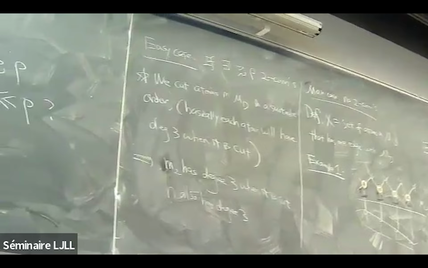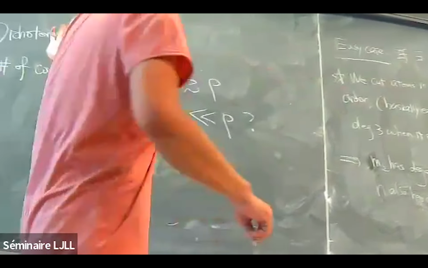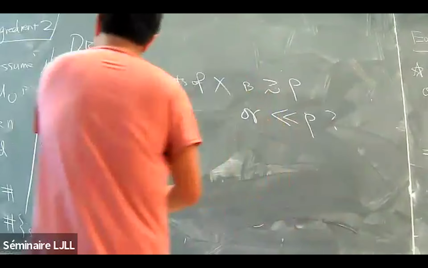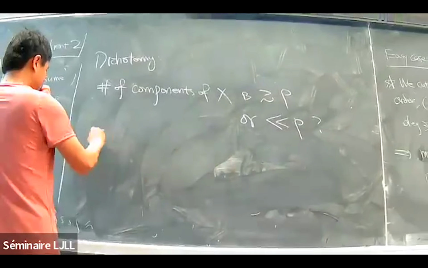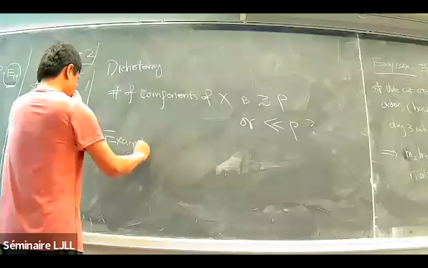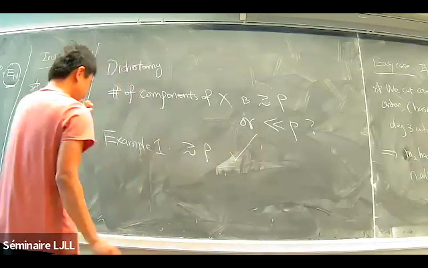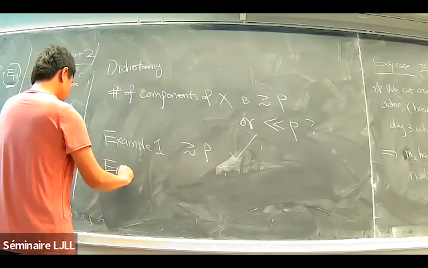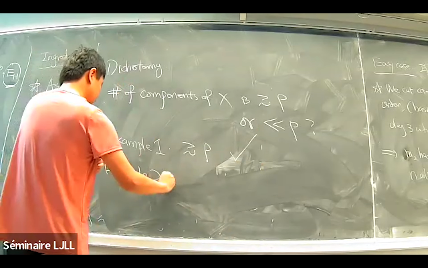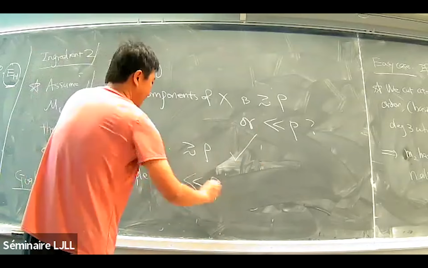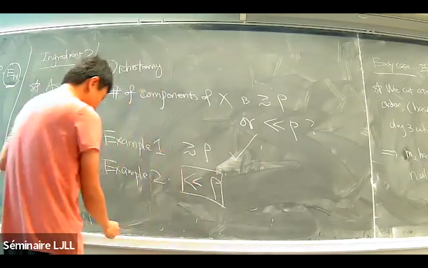If it's bigger than rho, we're in example 1, and we are good already by the argument just before. Example 1, good. Example 2, and precisely what we do in this case, we'll do something different.